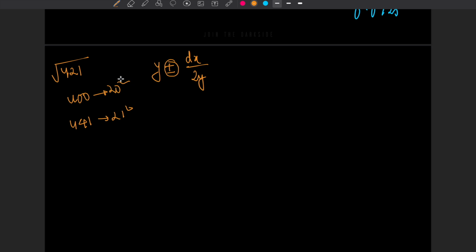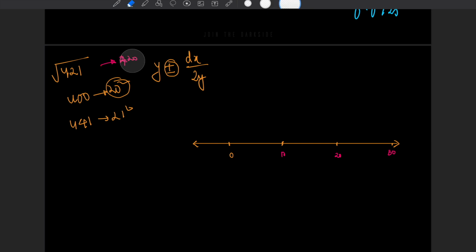So since we took 20 as our reference point, let me draw a number line. Okay, so this is our number line. Here we have 0, here we have 10, here we have 20, here we have 30. So we are supposed to find the square root of 421, and we know that our reference point is here.